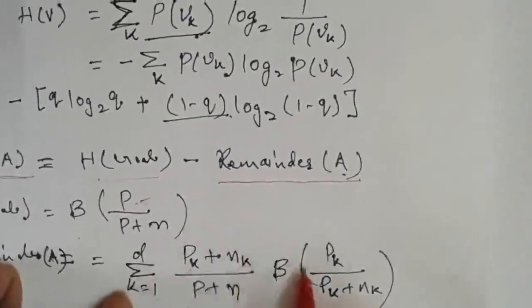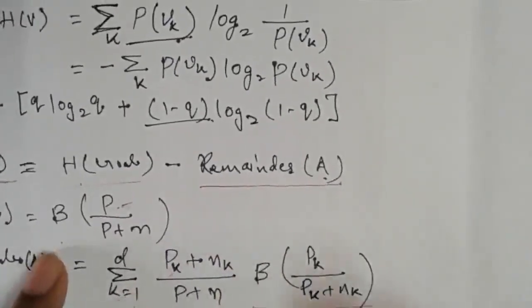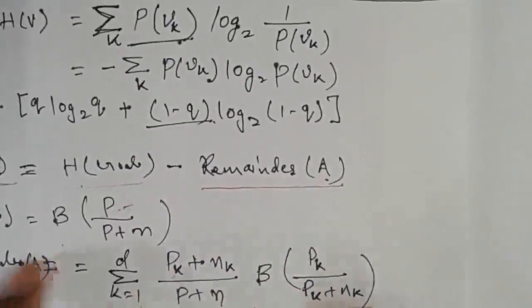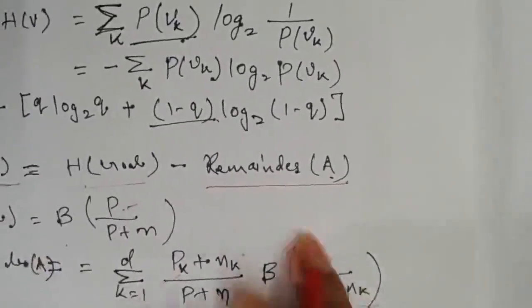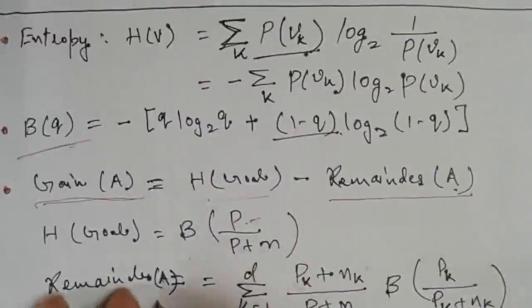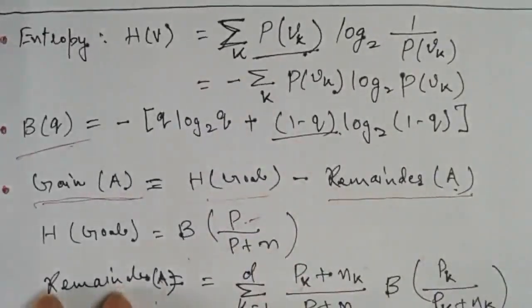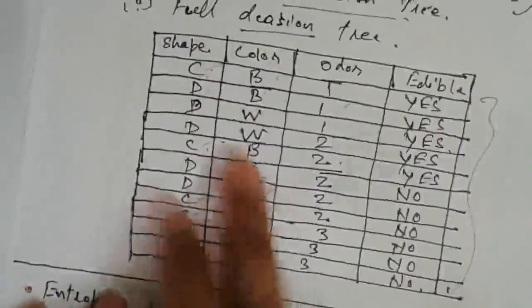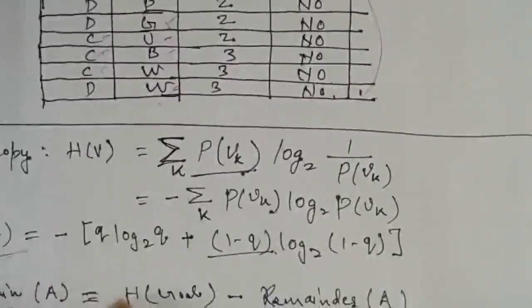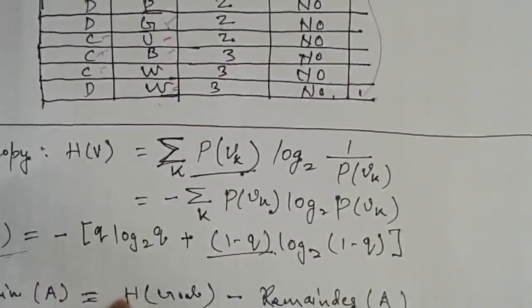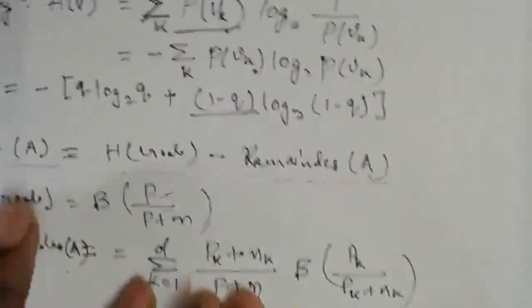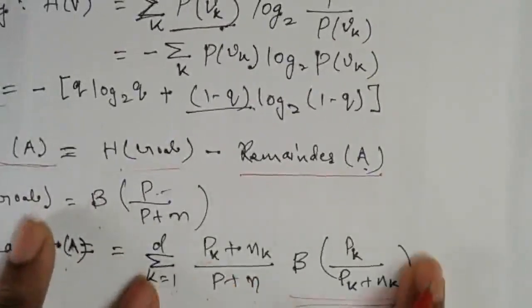After that, we simply find the entropy of this reduced decision tree. So if A takes d number of values, then this decision divides the whole table into d parts, and we sum those separate d parts.